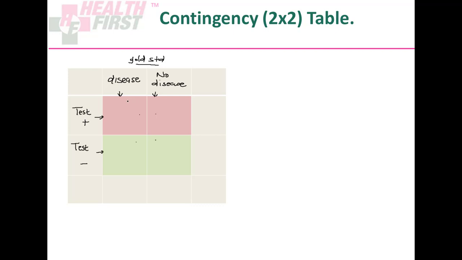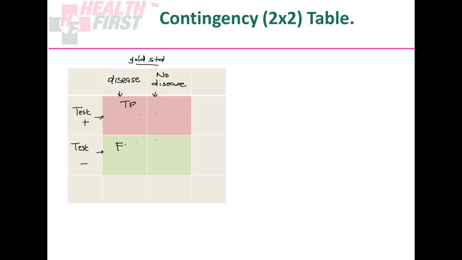So from that, you will get individuals who really have disease testing positive. So we call that a true positive result. And you'll have individuals with disease who test negative.